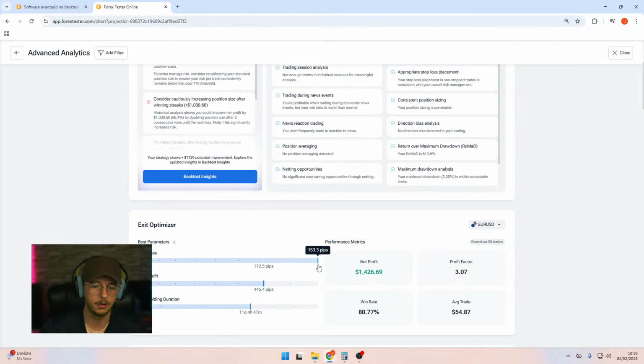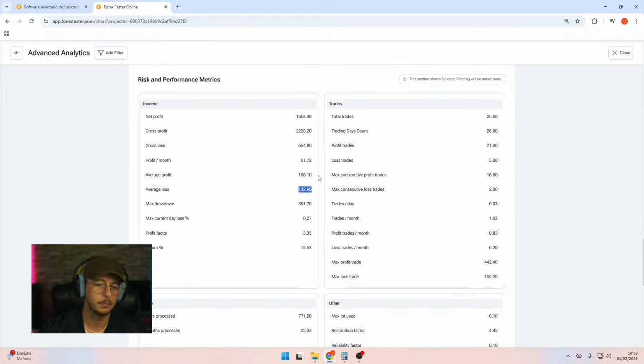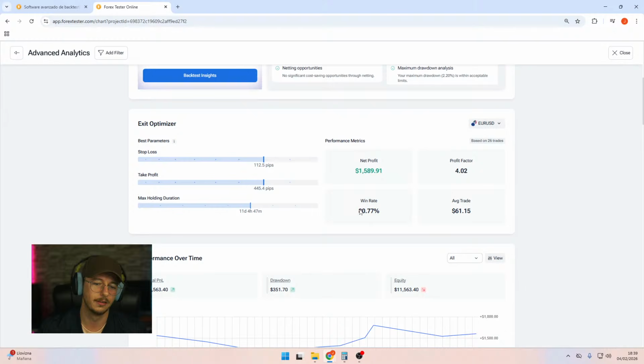But if I bring it above, it more or less settles in that range of 1,500 and 1,400. So what I did is basically leave it at 112 pips of stop loss. This way I'm protected, and I'm getting a risk reward of 1 to 1, but maintaining a nice win rate. And that's more or less how I thought through optimizing the strategy.